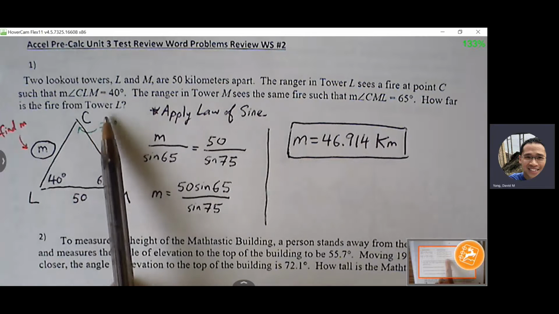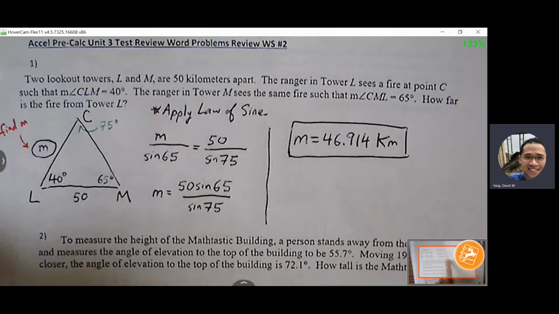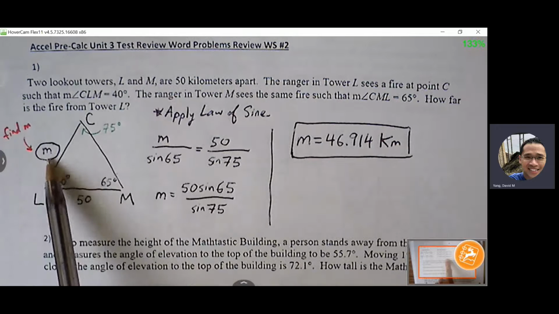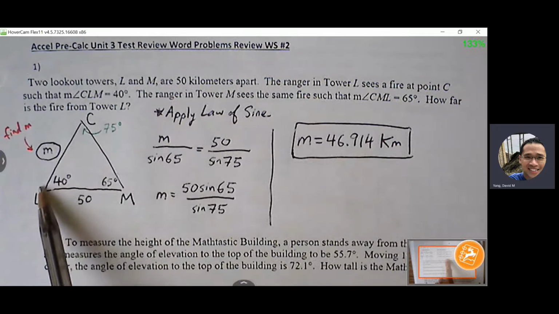It's asking how far the fire is from tower L. So we're trying to figure out this m, right? That m is the distance from the fire to tower L.